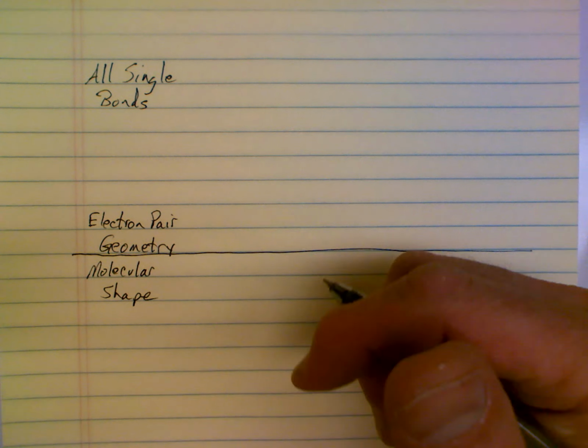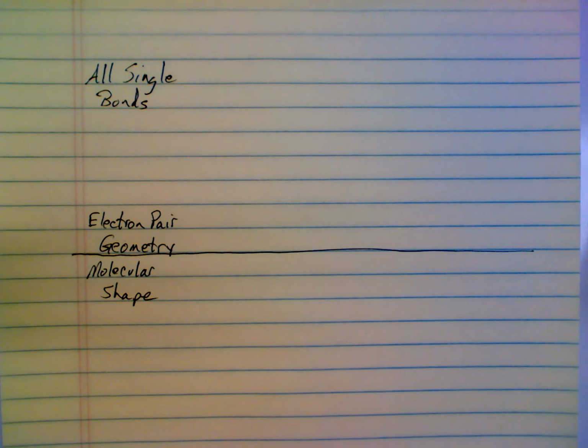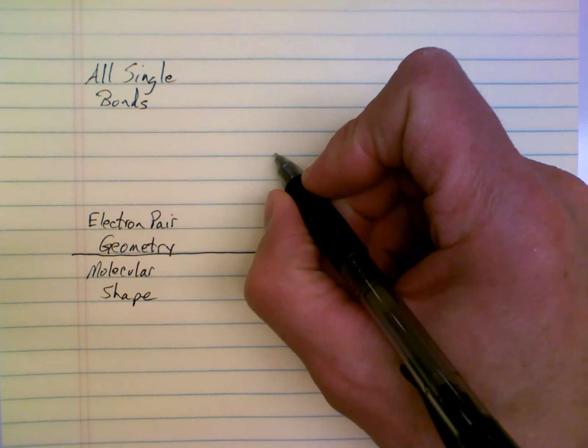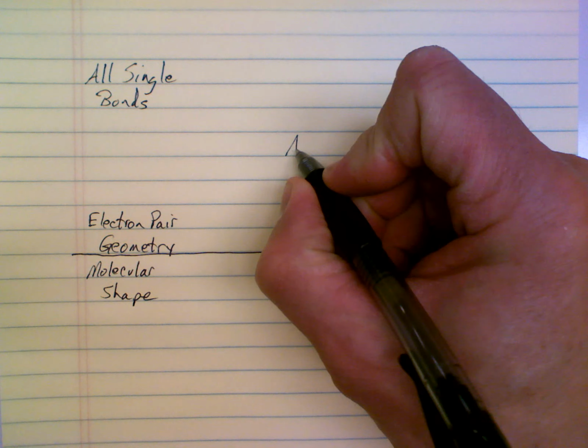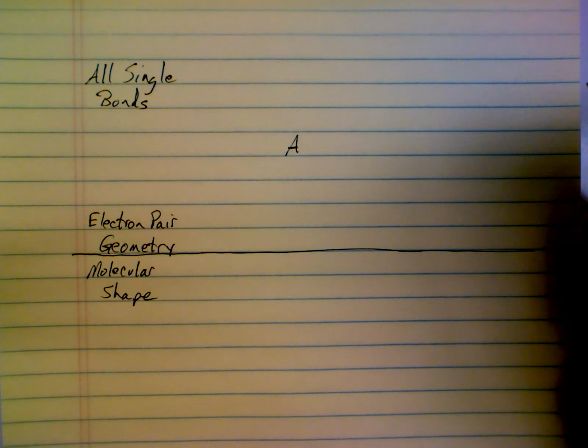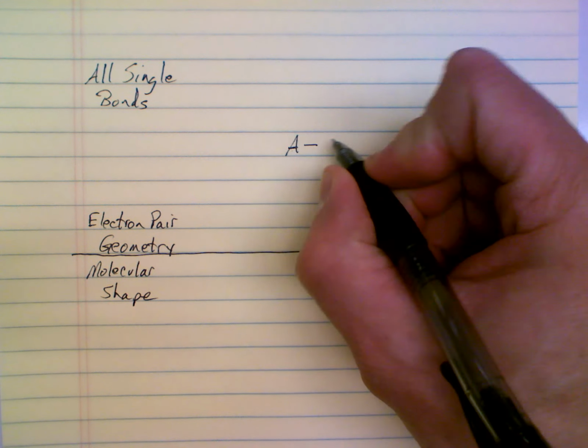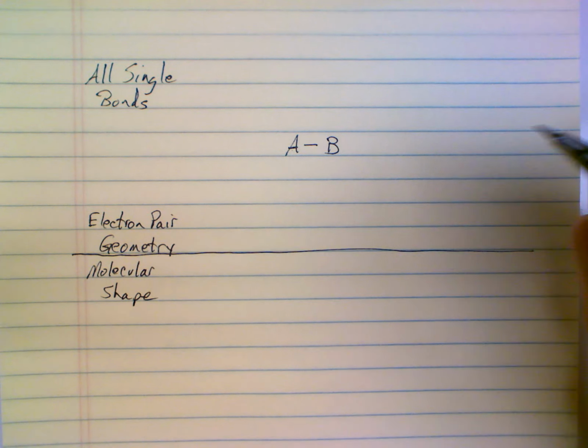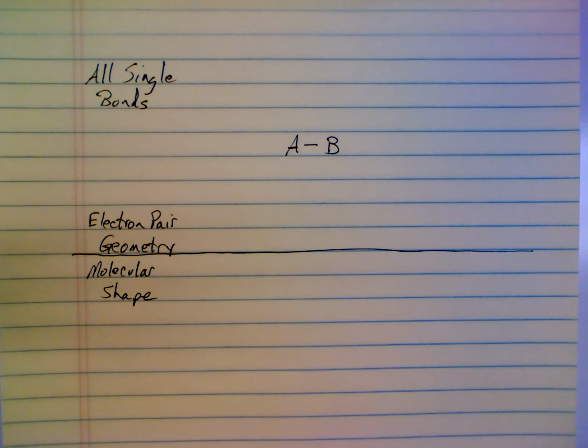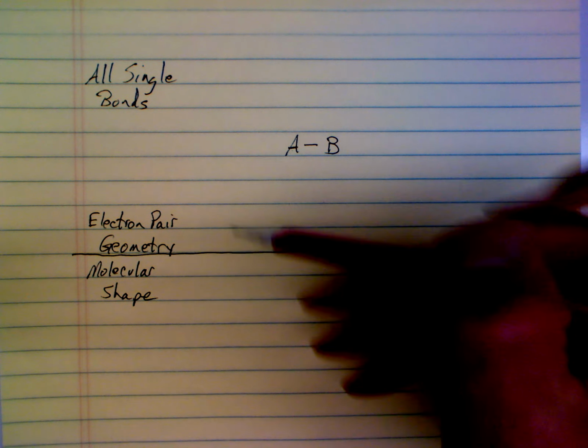So if, for example, we had a molecule that was just one atom in the middle, let's call it A, and it's single bonded to element B. Now, in this particular case, we're going to have three sets of unshared pairs around that.